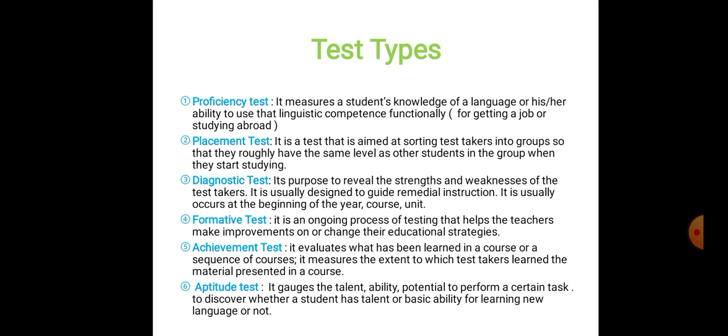Formative tests occur constantly. The fifth test is achievement test. It measures or evaluates what has been learned in a course or a sequence of courses. It measures the extent to which test takers learned the material presented in a course.